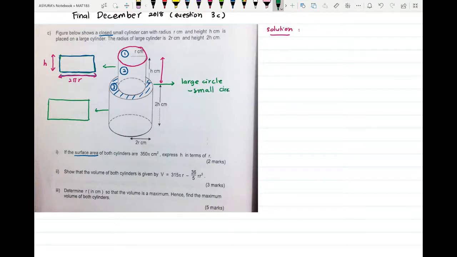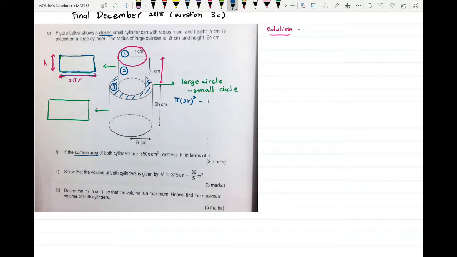So the large circle is pi r square, where the r will be 2r square, minus the small circle, which is pi r square.